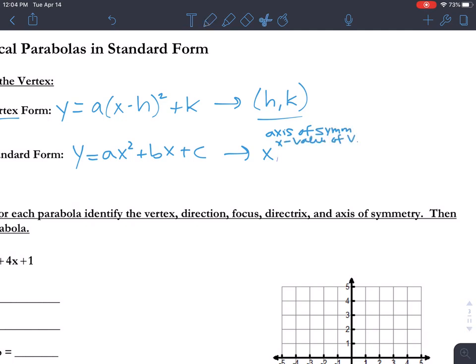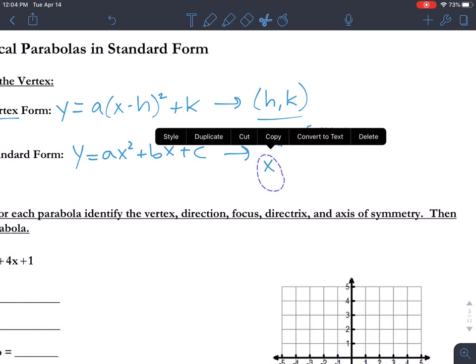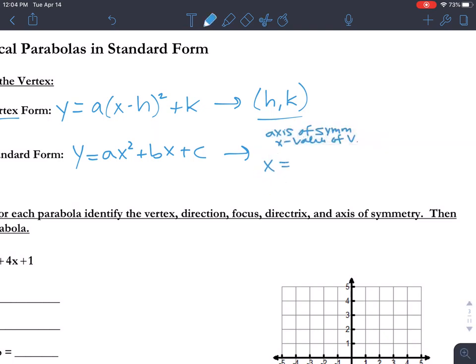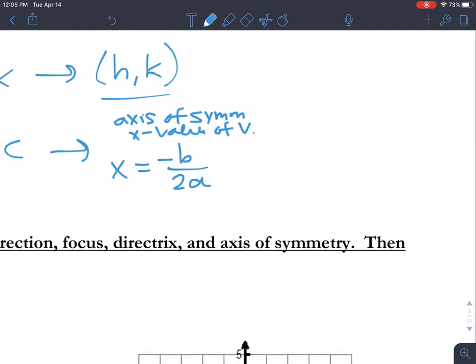Okay, so how we're going to do this is x equals opposite b over 2a. So we're going to take whatever's here, put a negative in front of it or change it to a positive, and divide by 2a, whatever's in that position. How are you going to find the y value of the vertex?